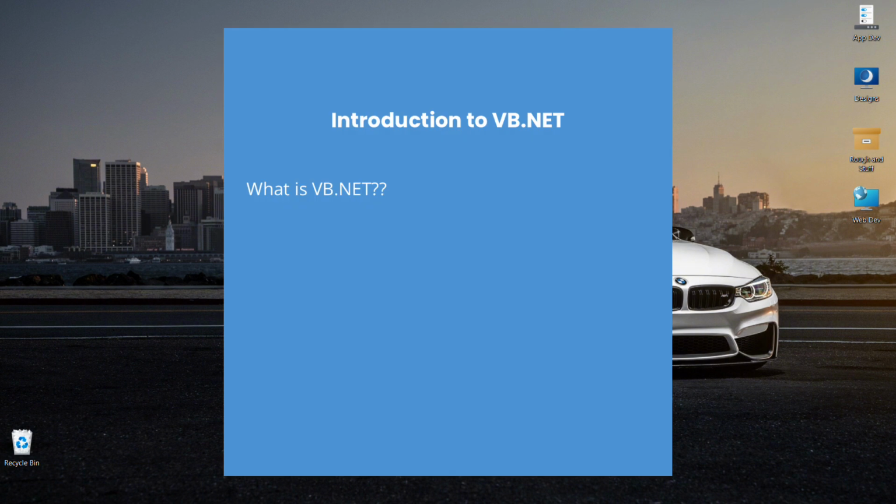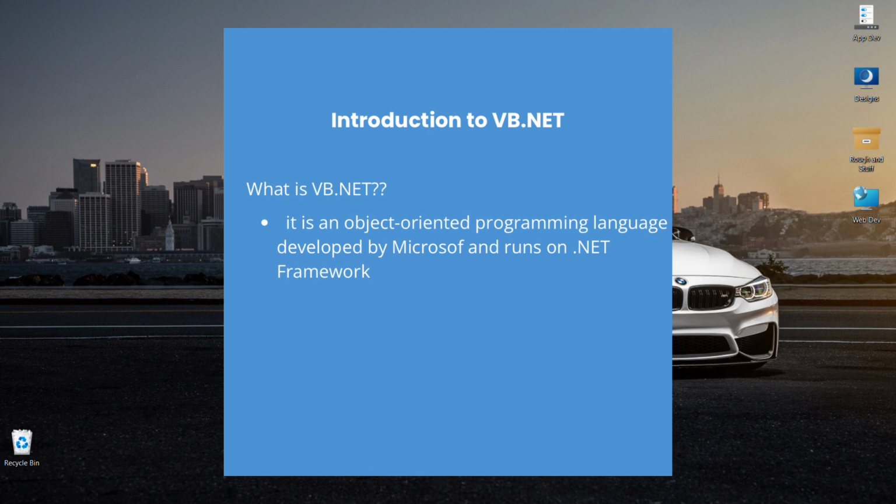What is VB.NET? VB.NET stands for Visual Basic.NET, which is an object-oriented language developed by Microsoft, and it runs on the .NET framework. You can ask, what's an object-oriented language? It's a way of programming where you build your program using objects, just like in the real world.